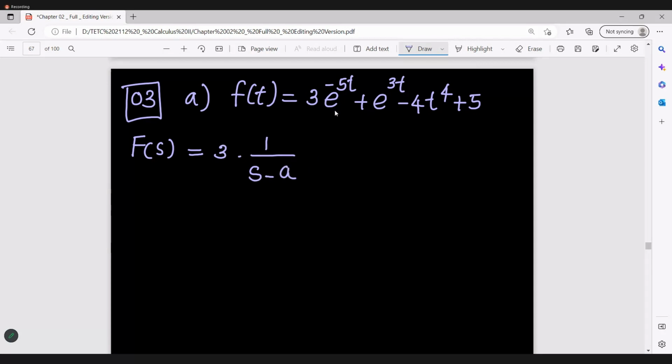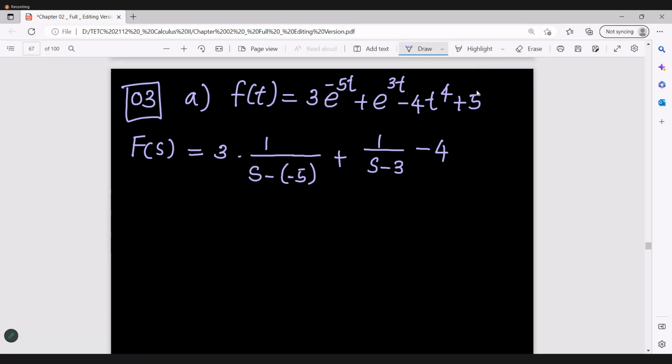But here, a is what? Minus 5. Then plus e to the power 3t, 1 over s minus a, so 1 over s minus 3, minus 4 t to the power 4.